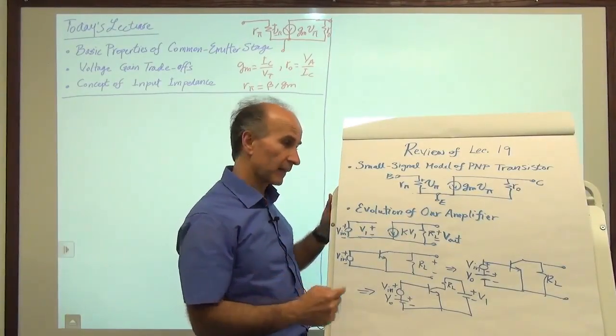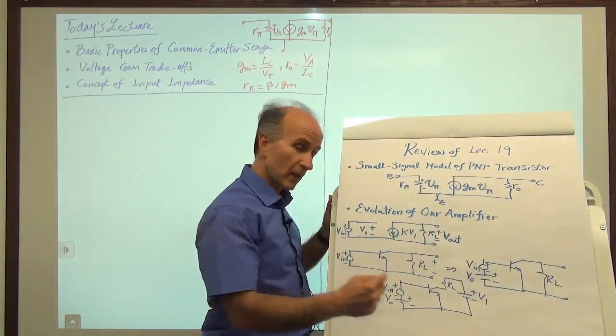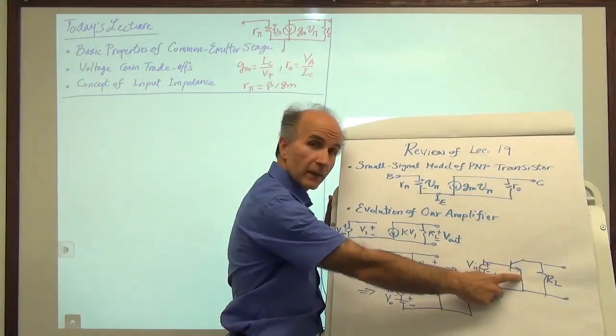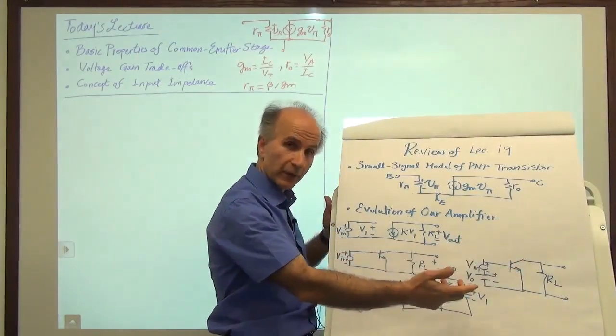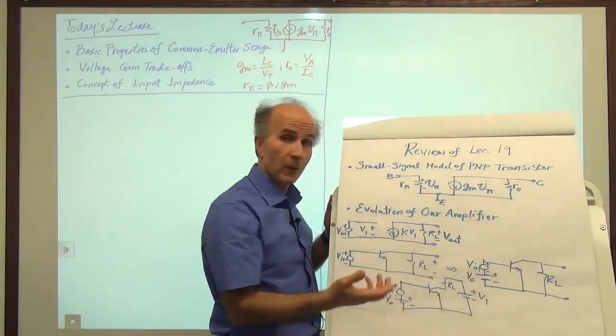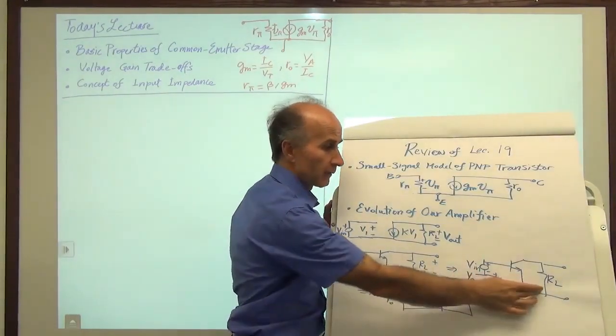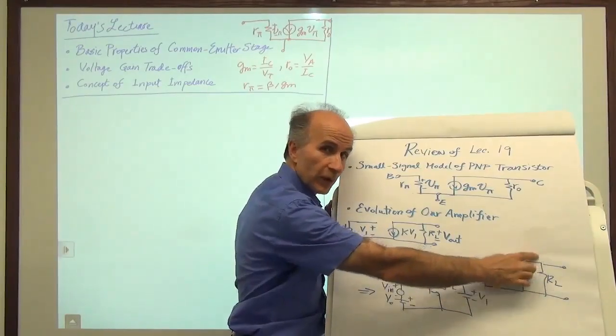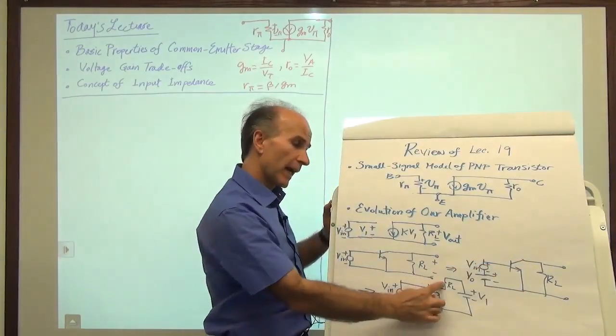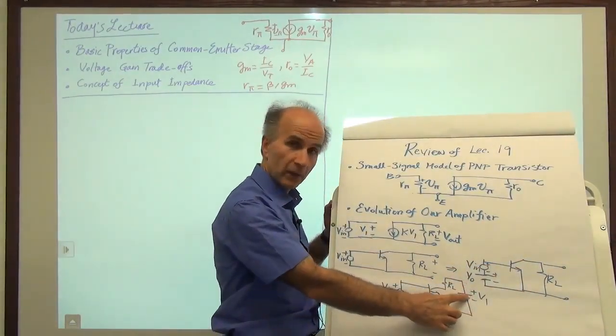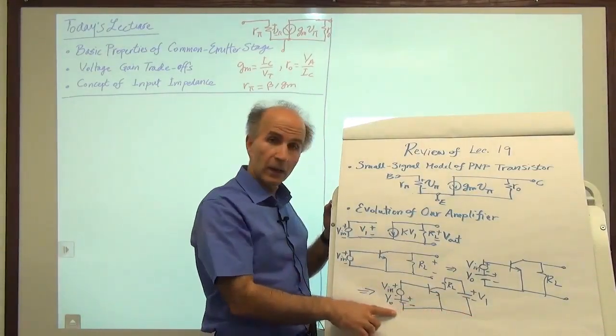However, we realized that when we have a bias current flowing through the device, let's say 1 milliamp, that current has to come from somewhere. It has to come from a positive voltage, but we don't have a positive voltage here. So we turned this resistor around and connected it to another battery that goes to this common line.